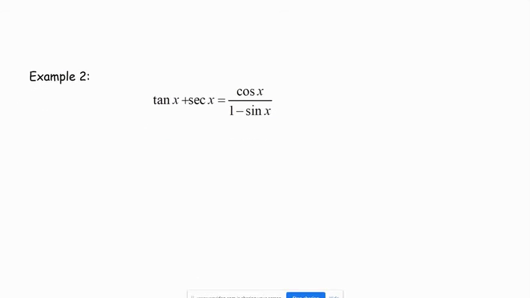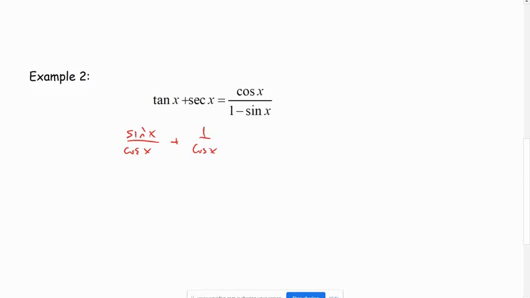In this one, we do have some functions that can be written as fractions. For example, on the left side, tangent can be written as sine x over cosine x, and secant can be written as 1 over cosine x.